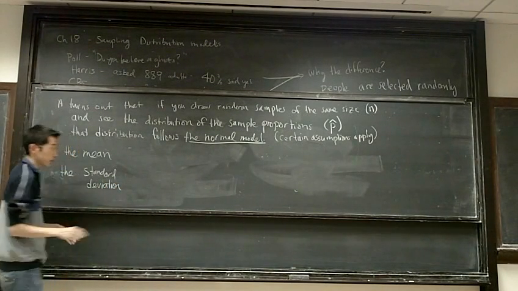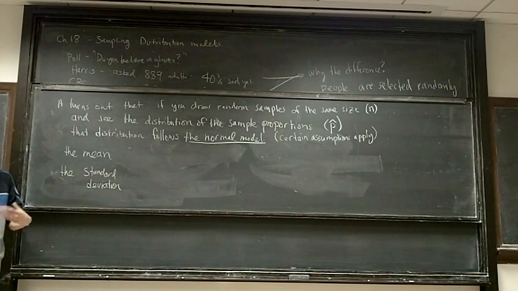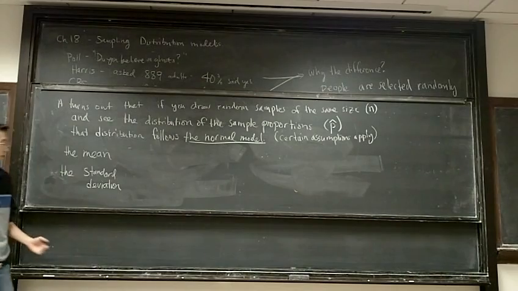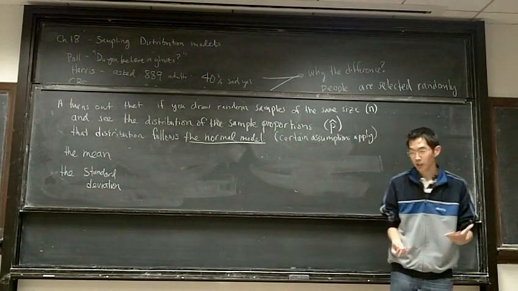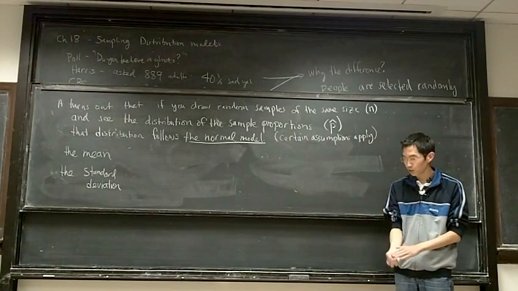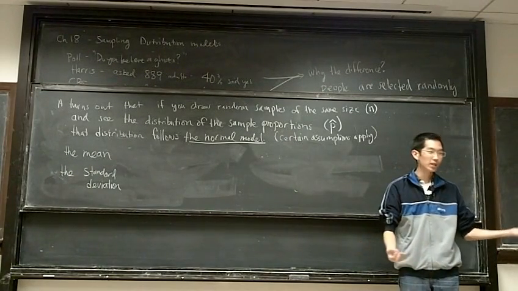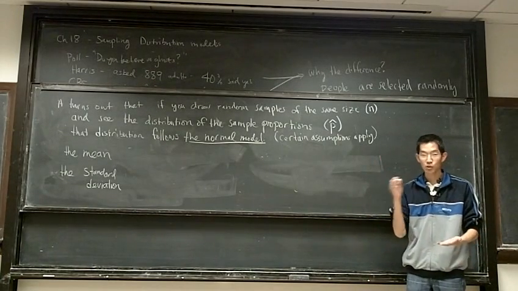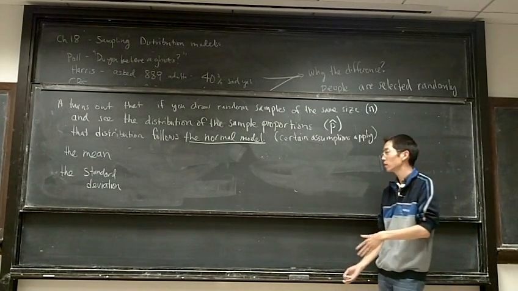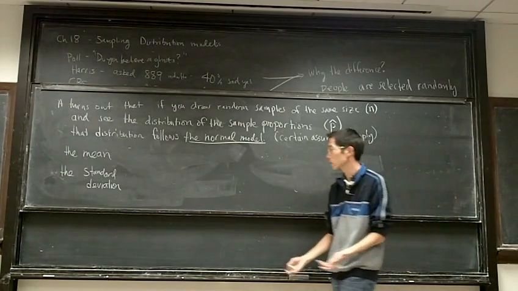All normal models are unimodal and symmetric, but we have a normal model for men's heights and a normal model for women's heights, and what distinguishes one from the other is the mean and the standard deviation.